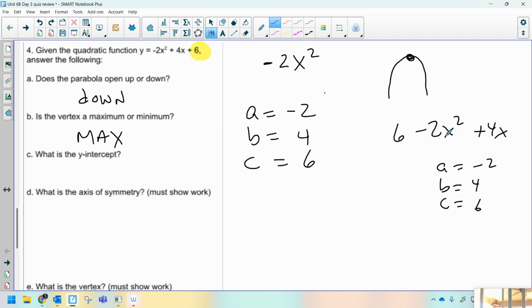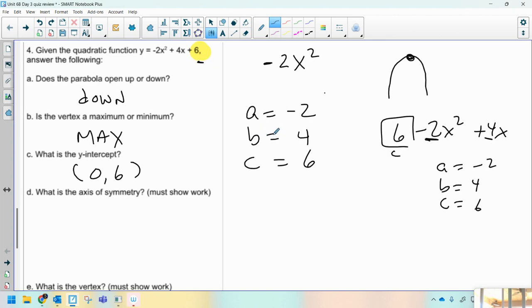Okay, it doesn't matter what order they put them. You can put them in the right order, but this is still going to be your C, the number by itself. This is still going to be your A in front of the x squared. This is still going to be your B in front of the x. All right. So the y-intercept, we always have a 0 first, and then 6 because that's our C.